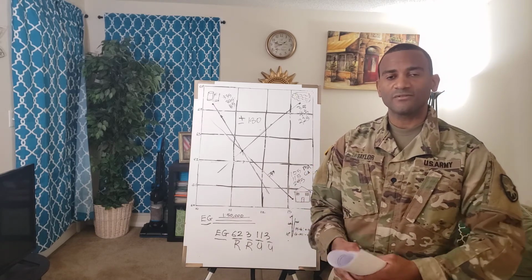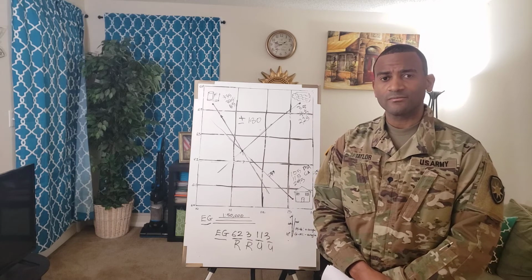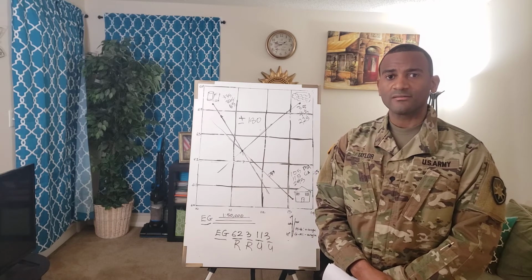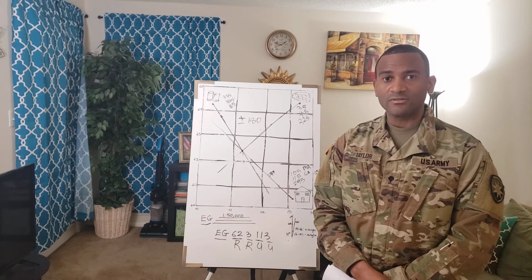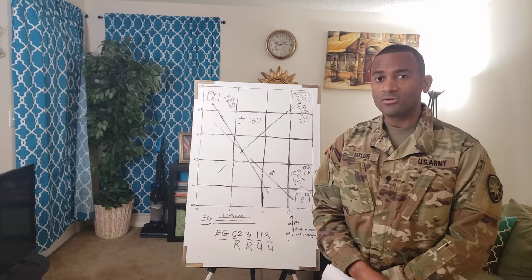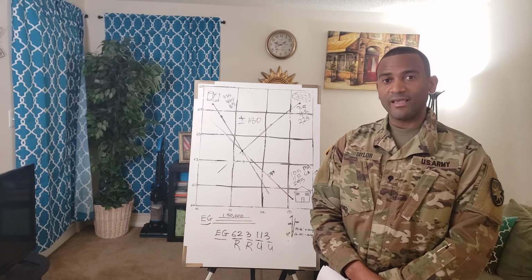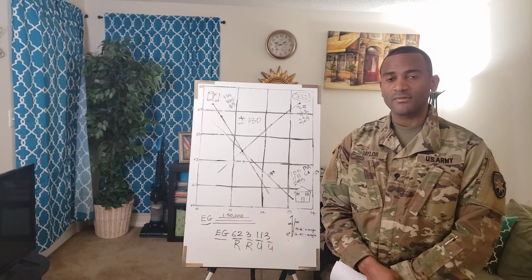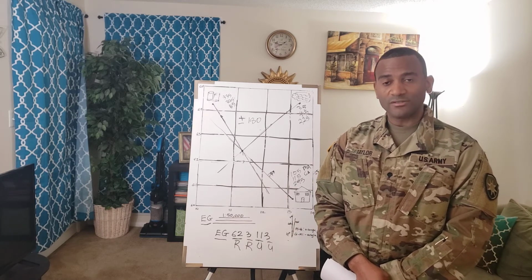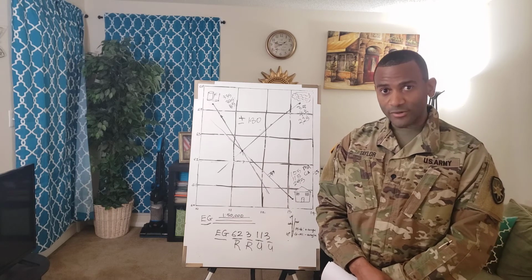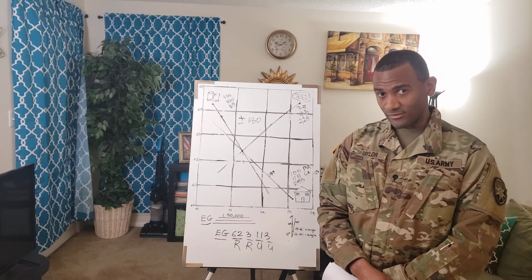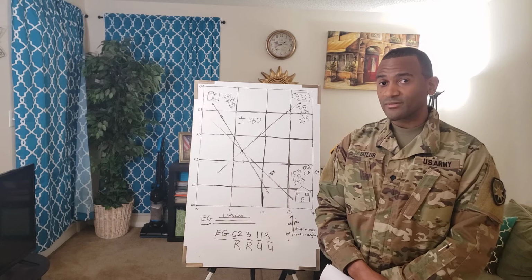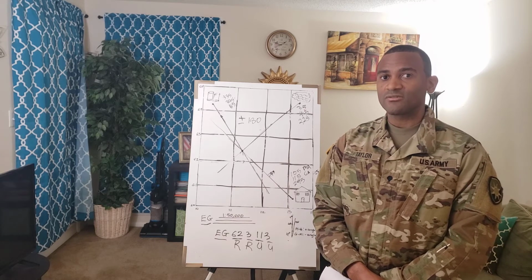What was the intent of today's training session? Yes. The intent was to determine an unknown location on a map and on the ground by resection. What was done? Yes. We determined the grid coordinates of an unknown location on a map and on the ground using resection.